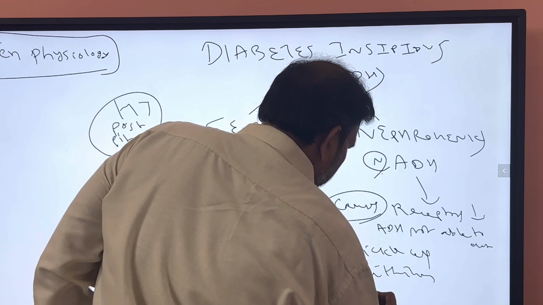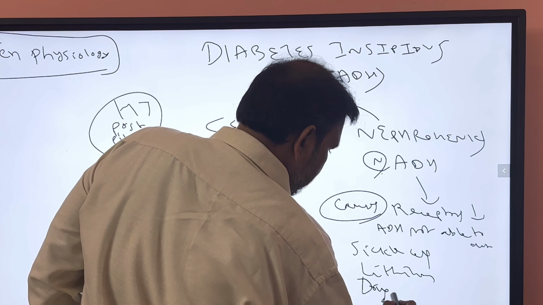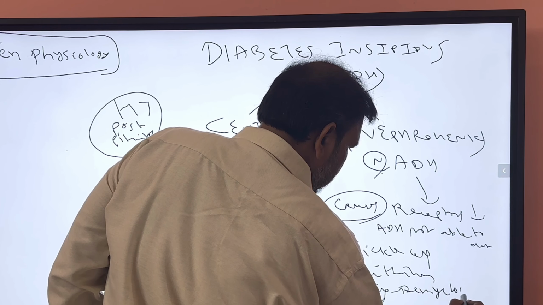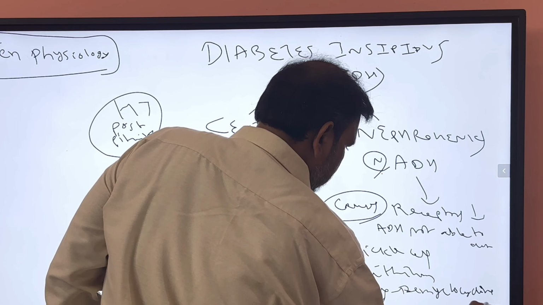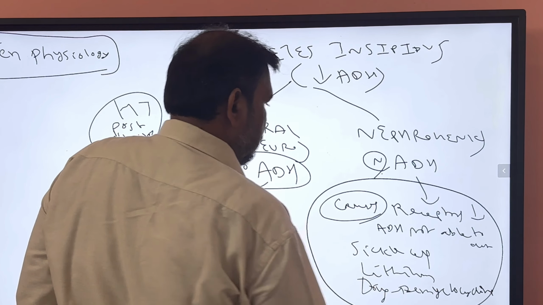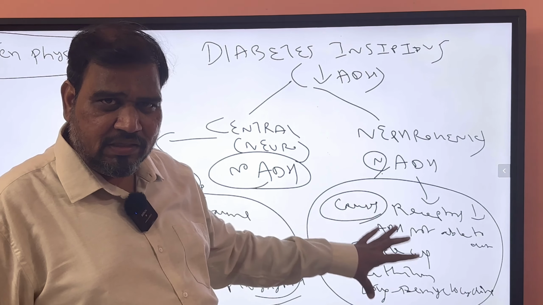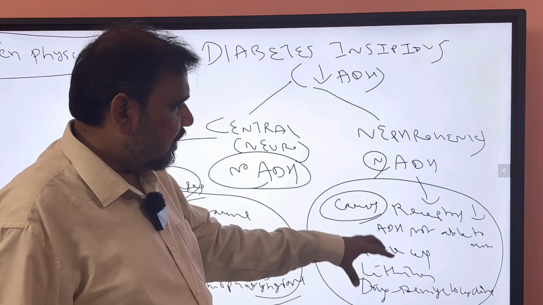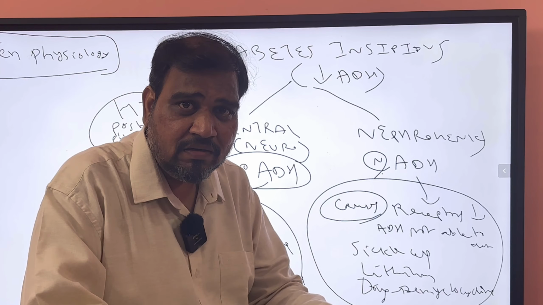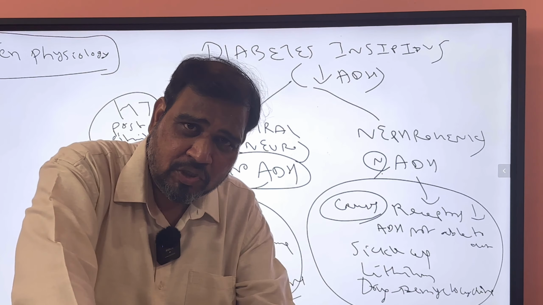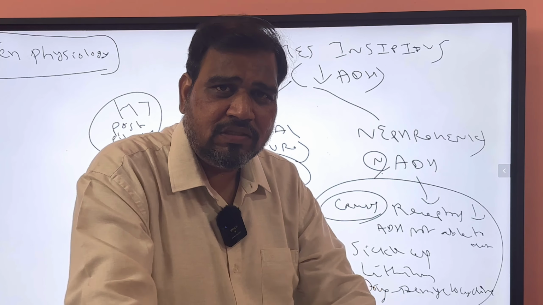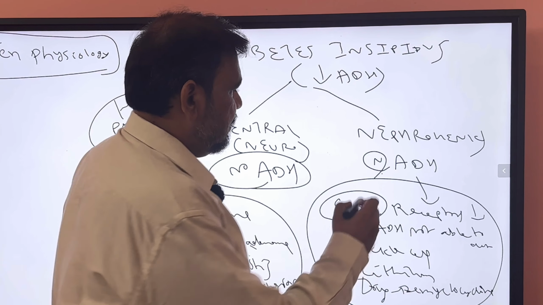Lithium, one drug like lithium, demeclocycline. So all these, sickle cell anemia, lithium, demeclocycline, infiltration, are concerned with the kidney level. ADH is coming from the posterior pituitary, from the hypothalamus, normal, but it is not able to act on the target, which is the kidney. This is called nephrogenic, kidney level.